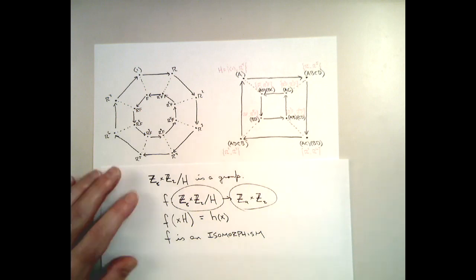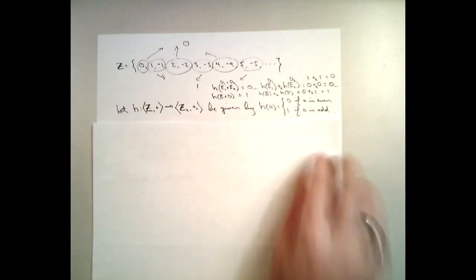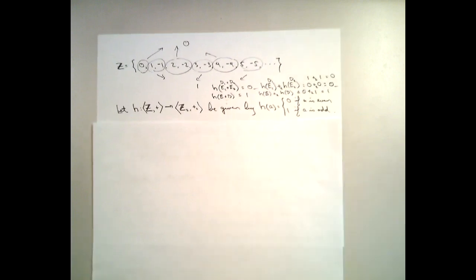Let's go back again to our homomorphism between Z and Z2. I want to ask you to do a few exercises with respect to this example, and then I would like you to do one additional problem of a more general nature.